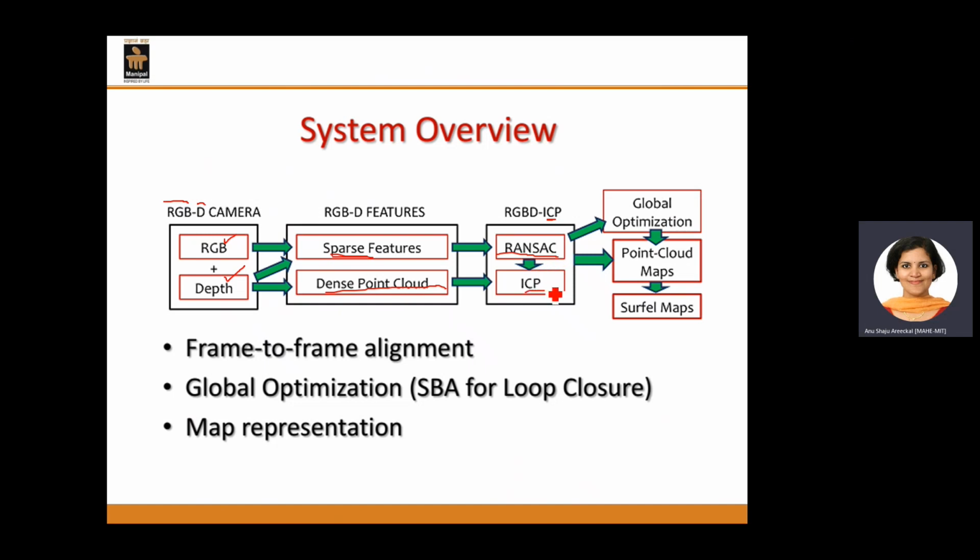Okay, now after doing a rigid registration, it goes for optimizing the results, and then finally creates a surfel map or point cloud maps. Okay, or basically it is trying to reconstruct the image, and this happens from a frame to frame alignment.